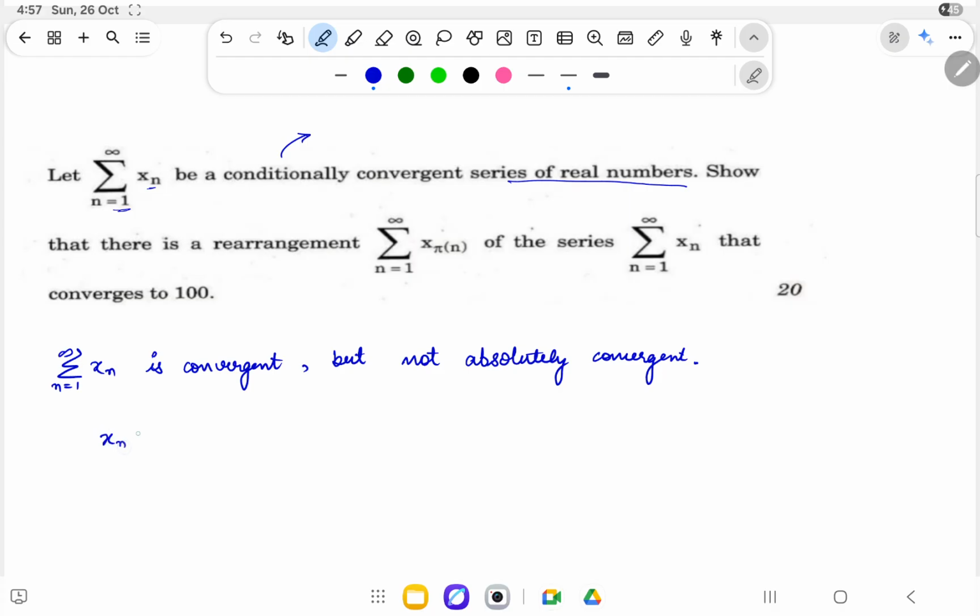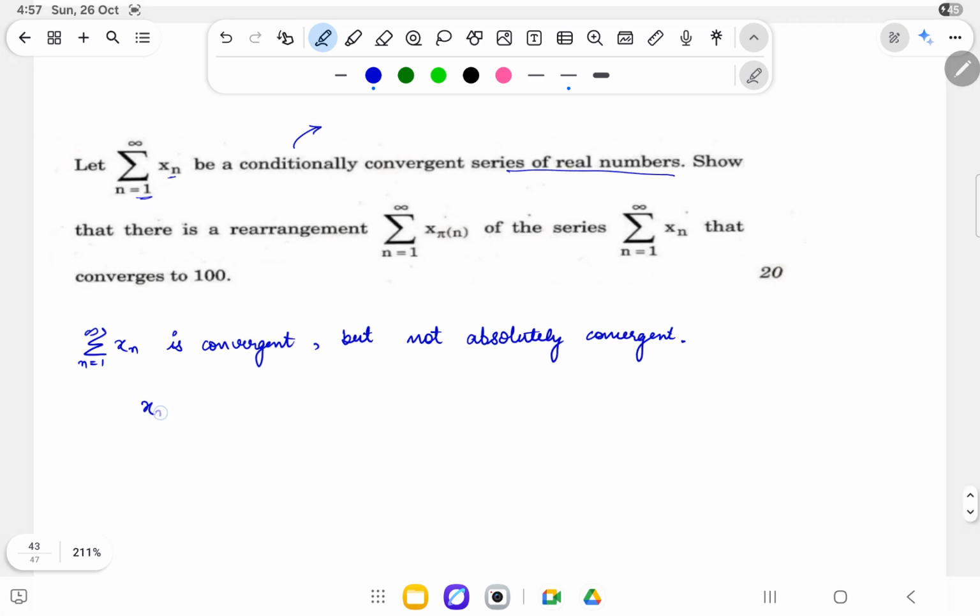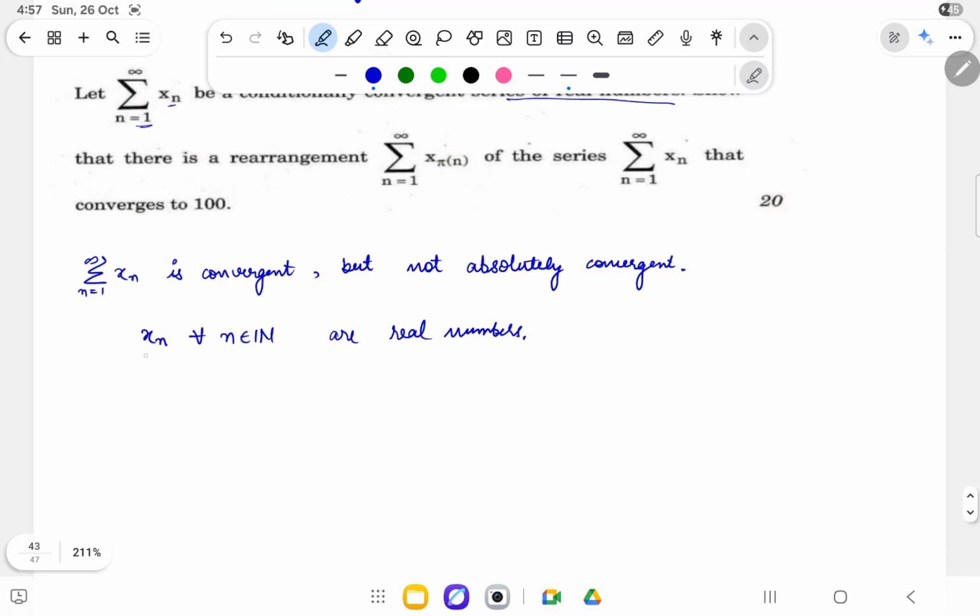So xn, let me write it here, for all n belonging to natural numbers, are real numbers. From here I can conclude that xn can be either a positive or negative real number.